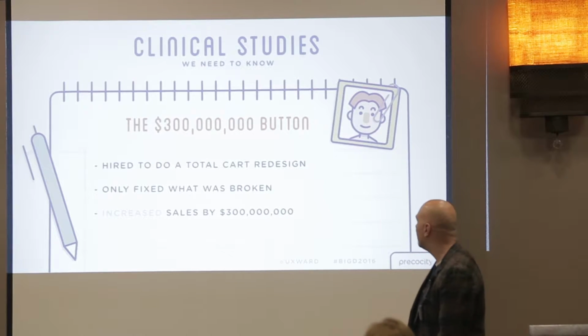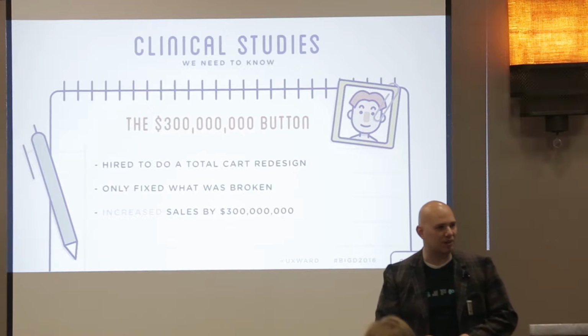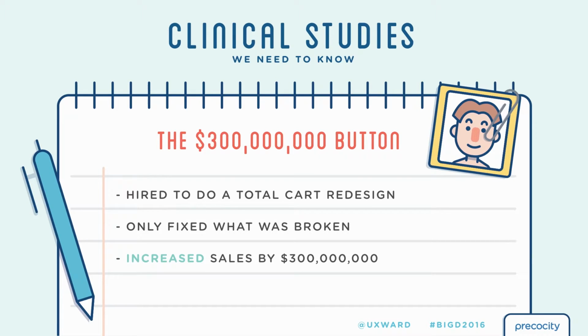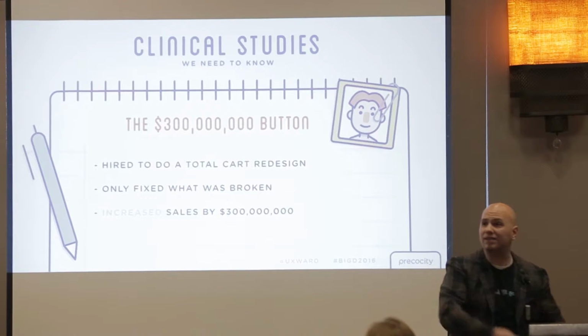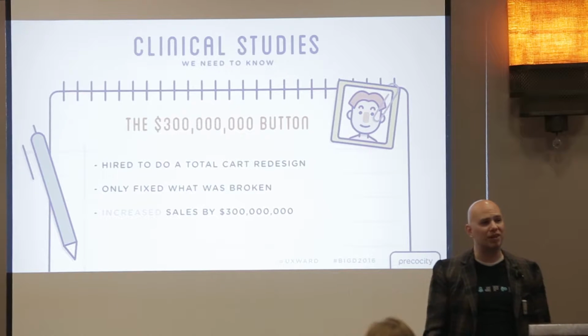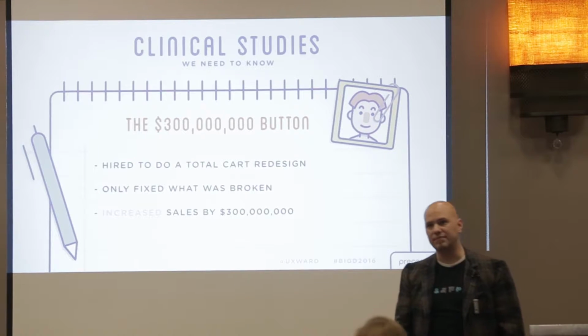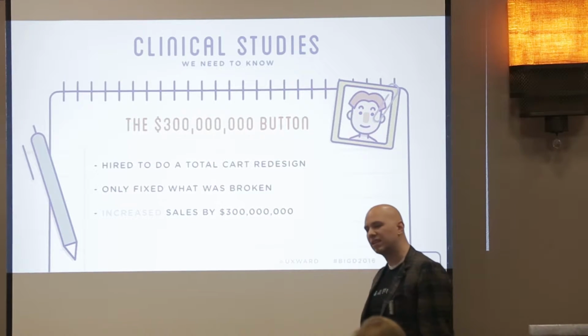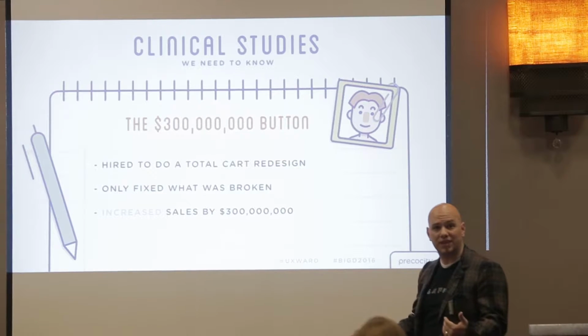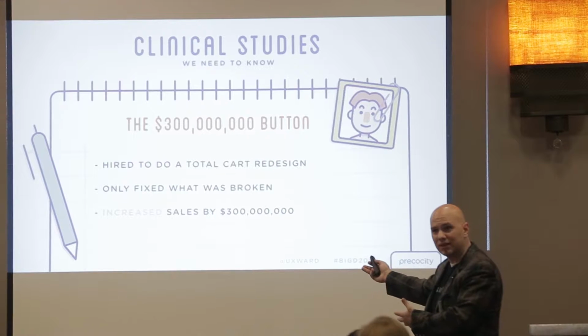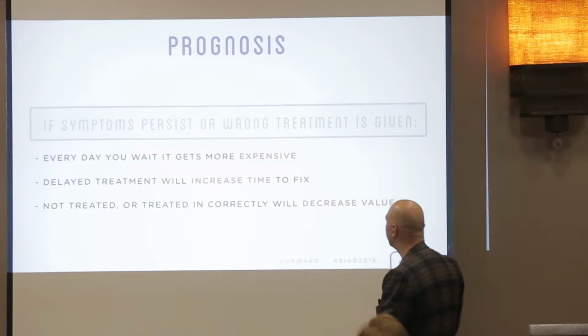That's awesome. And of course, we all know the $300 million button story. You got hired to do A, did actual research, decided the problem was actually B, did B, and ta-da, $300 million in increased sales by changing basically the label of a button instead of doing a redesign. Technically, it was a redesign. They did what they were asked. They increased sales, but not the way the client thought they should.